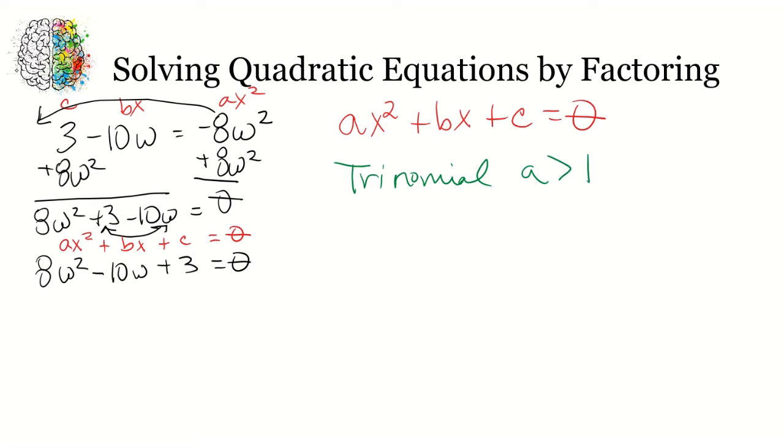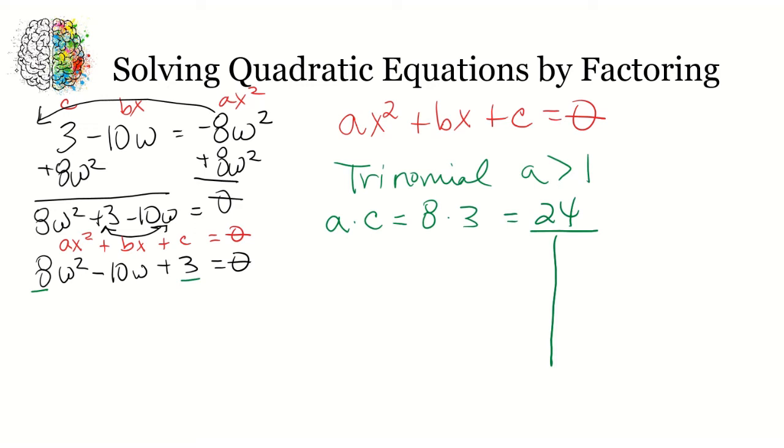I have a separate tutorial on how to factor trinomials when a is greater than 1. And a is this 8. And so the way that we do that is we use the AC method. So I'm going to take the A, which is an 8, and the C, which is the 3, multiply those together to get 24, and then I'm going to factor the product of AC.